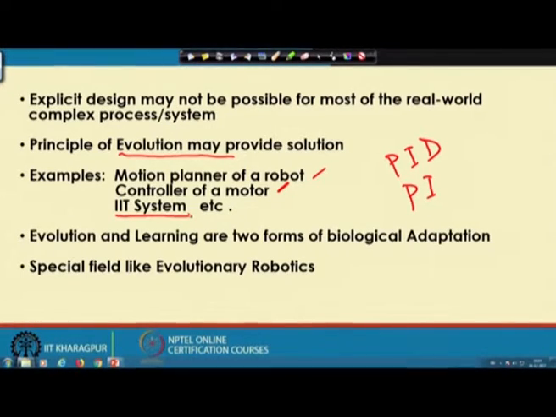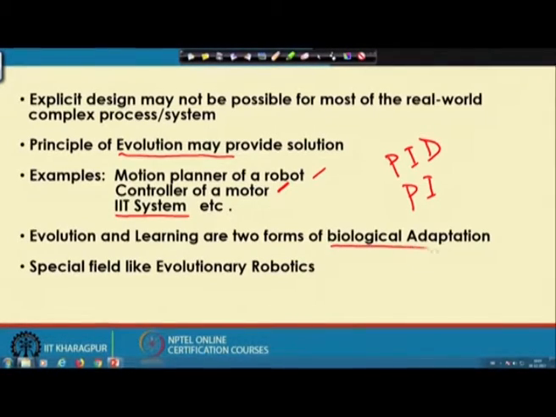Nobody could design explicitly what should be the status of IIT after a few years, and this academic status of the IIT system has come through the principle of evolution, and that is why the principle of evolution is a thing which we should understand very carefully.